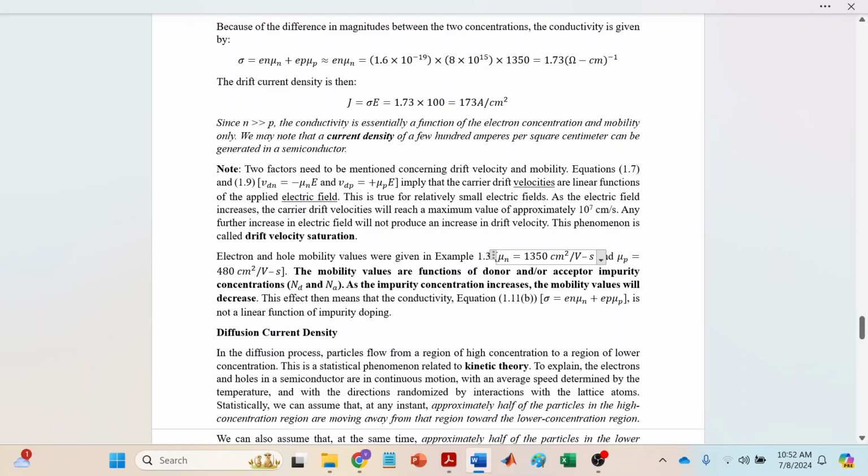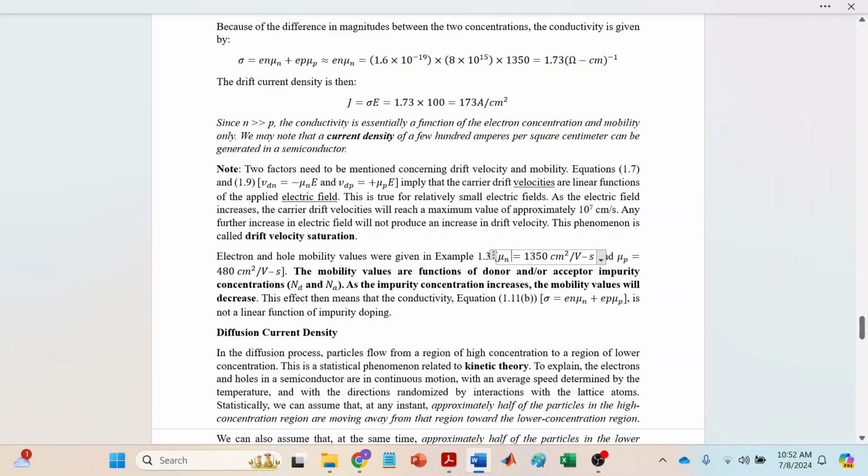It's just a matter of thinking about it: when you increase the concentration of the electrons or the holes, so when there are more within a fixed area, the mobility of these electrons will be limited. They wouldn't really have the chance to move, so the mobility values will decrease.